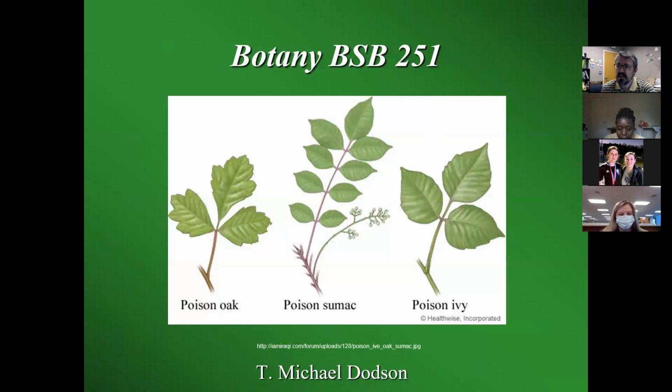Can anybody tell me a difference between the liverworts and the mosses? Think of anything.